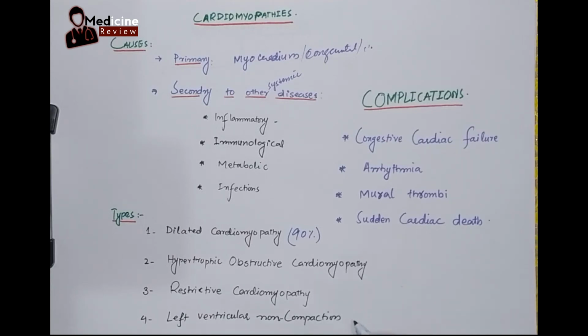So it is a very rare one. Among all, dilated cardiomyopathy is the most important, or I should say the most common one. And hypertrophic obstructive cardiomyopathy usually leads to sudden cardiac death in young athletes, especially young players.